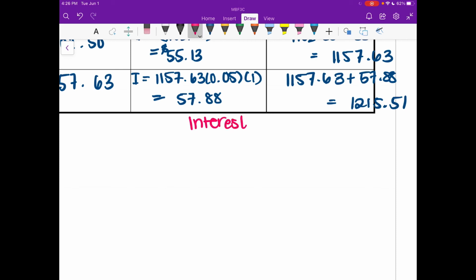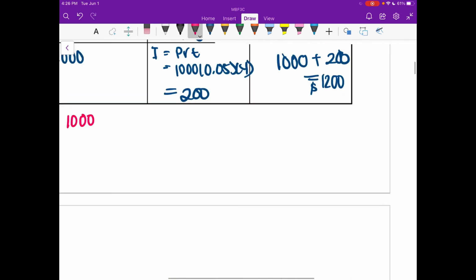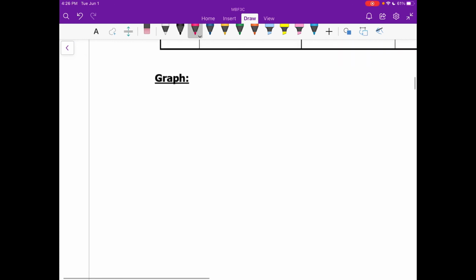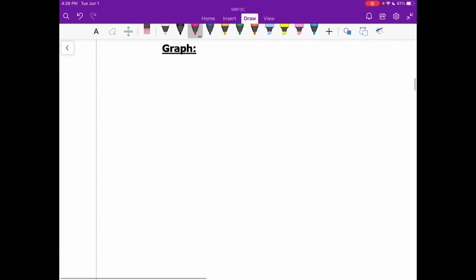Interest is equal to my final amount, which was 1215.51, minus, I still only put in $1,000, but I'm still left with 215.51, which is $15.51 more than if I had invested in the other option, right? Because for the same money, I just made more overall. Okay, so that's how compounding interest works.